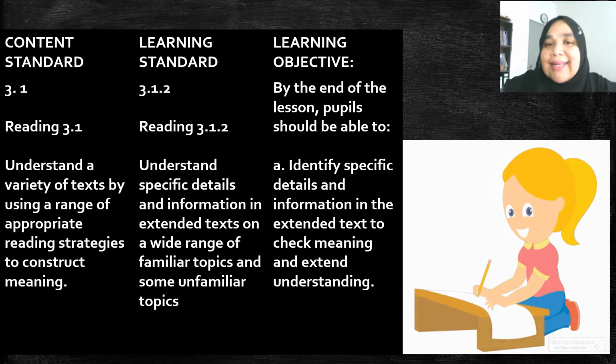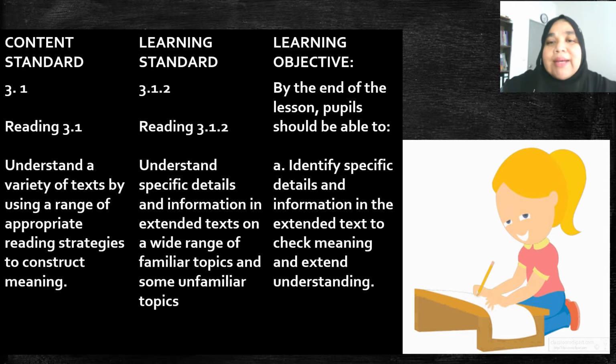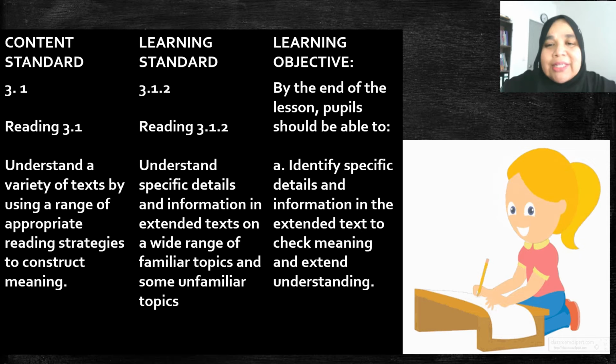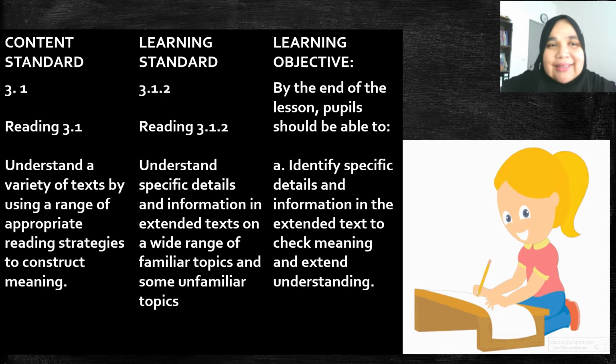And the learning objective for today is, by the end of the lesson, pupils should be able to identify specific details and information in the extended text to check meaning and extend understanding.